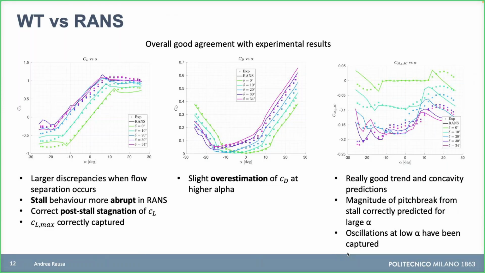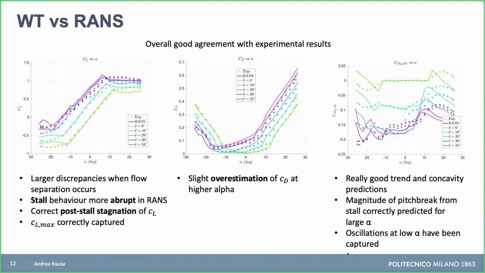The CD also leads to the same conclusions, so we can see that maybe it's even better with respect to the CL. The curves are really well captured, and the values are also quite there. As we increase the angle of attack, as the separation enlarges over the tail, the discrepancies also enlarge, but yeah, quite good. And then the CMY versus alpha curve is also quite good.